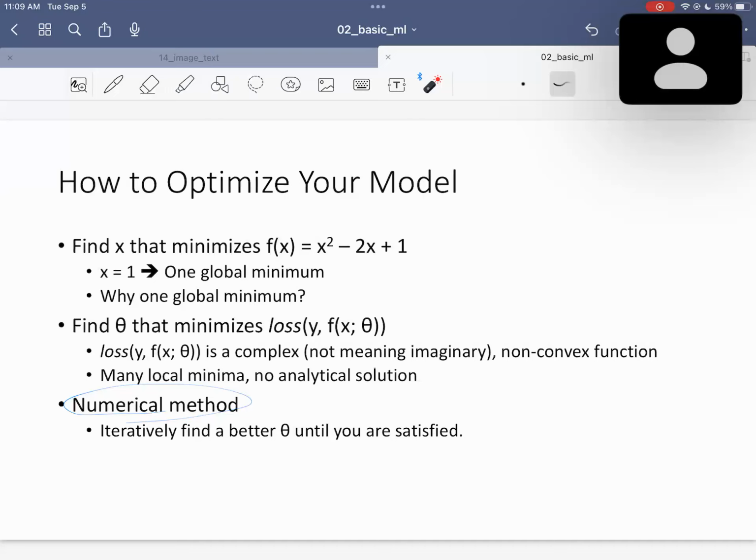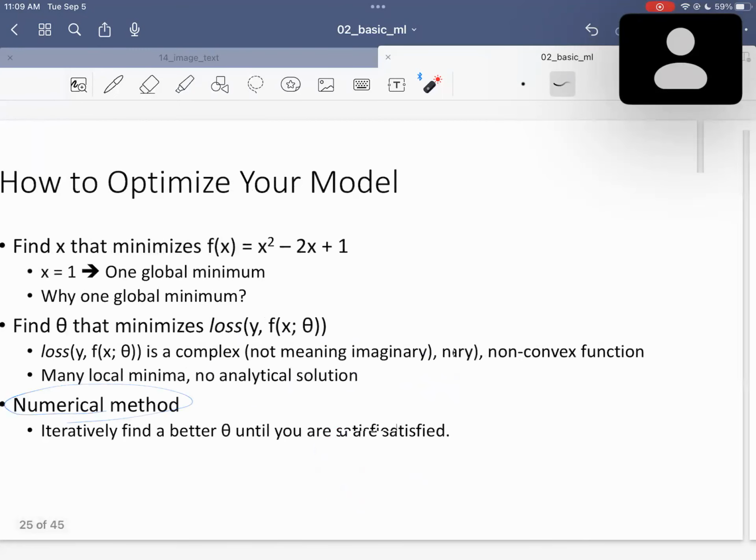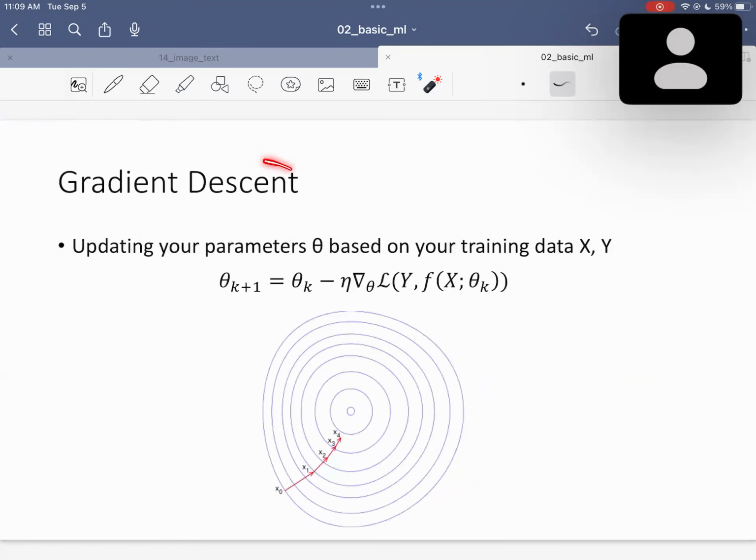If it's lower, the better. Typically we call that numerical method gradient descent. So you're updating your parameters theta based on your training data X and Y.